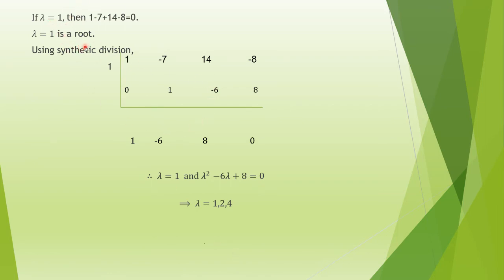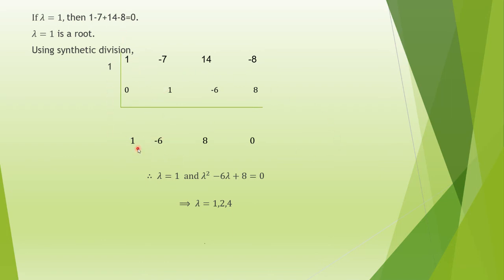Here the degree of the polynomial is 3, so first we substitute and find the first root. Lambda is equal to 1 gives 0, so lambda is equal to 1 is one of the roots. From this, we find the rest by synthetic division. Our equation is lambda cube minus 7 lambda square plus 14 lambda minus 8. Take the coefficients 1, minus 7, 14 and minus 8, and divide using 1.